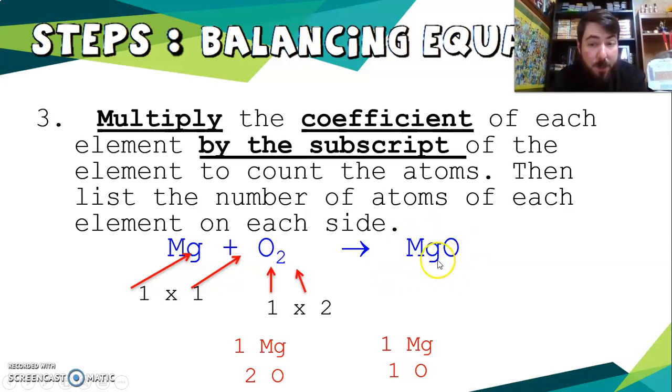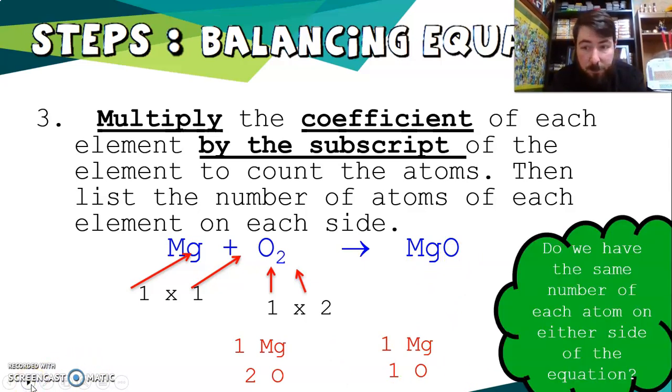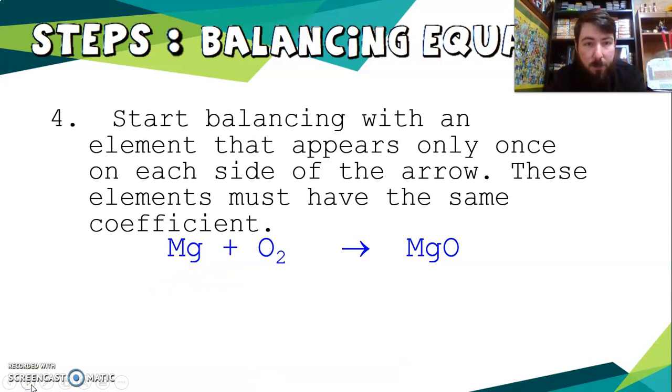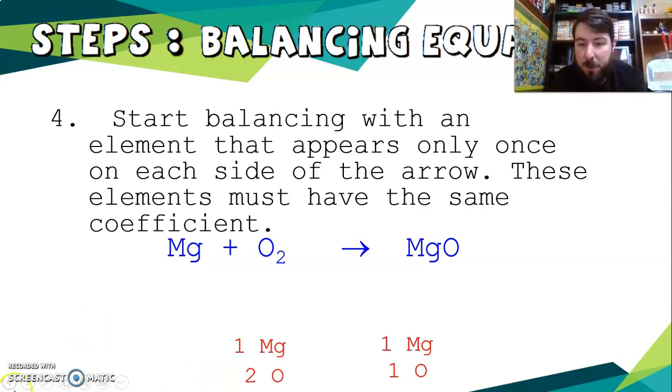So we have one magnesium and one oxygen on the right. So we're going to need to balance those oxygens. So right now, this is where we are. We have one magnesium, two oxygens, one magnesium, and one oxygen.